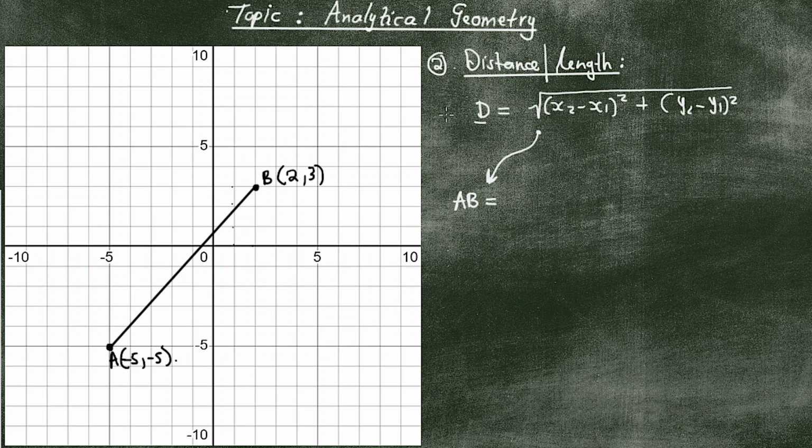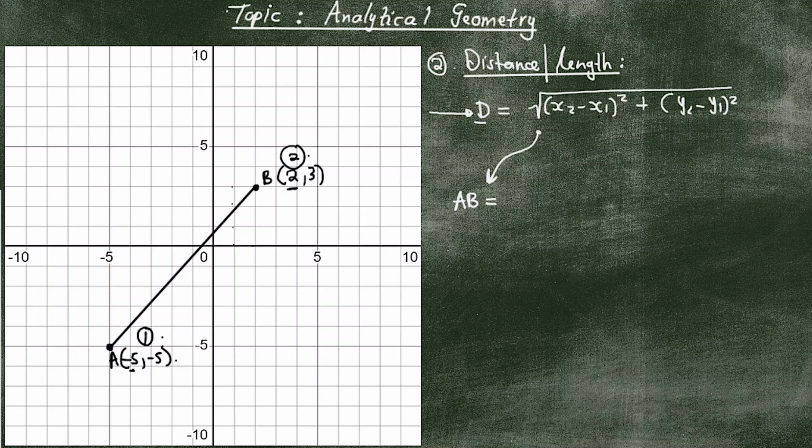I know I've seen calculations where they just use the formula as it is, but substitute the points correctly. So maybe I'm just going to make B number 2 and then I'm going to make A number 1, right? So where there's x2 you substitute 2, where there's x1 you substitute minus 5.